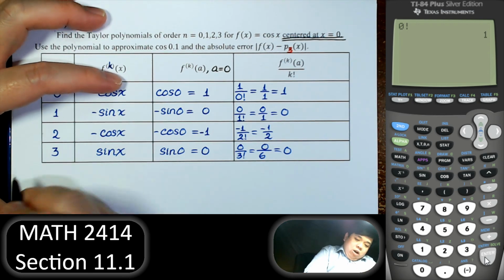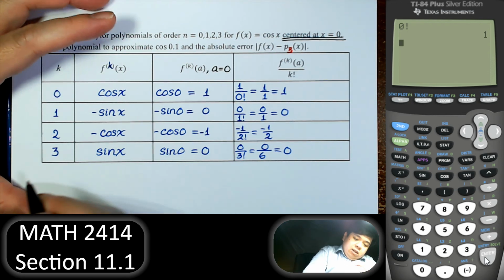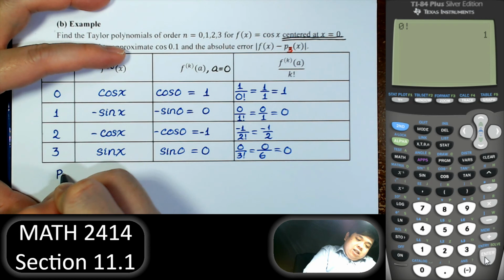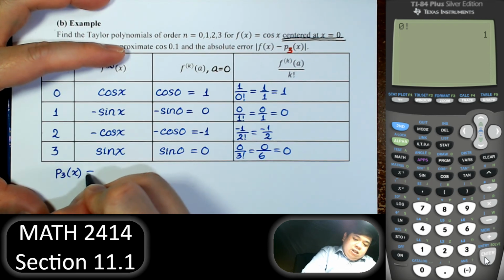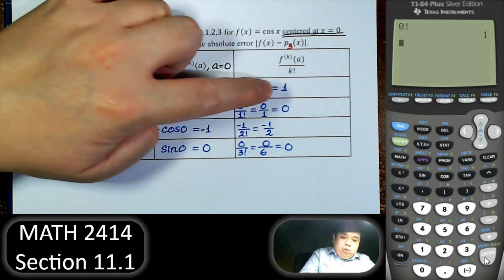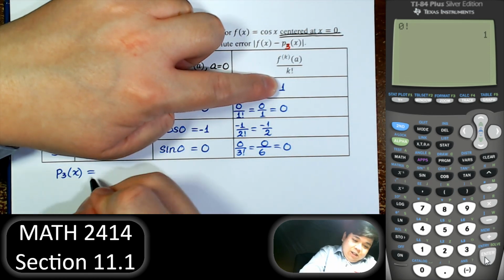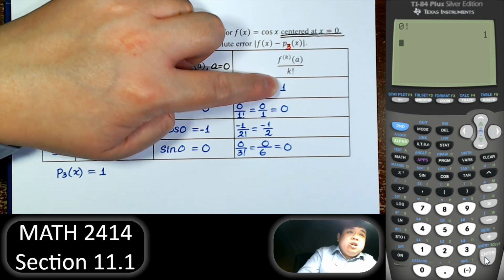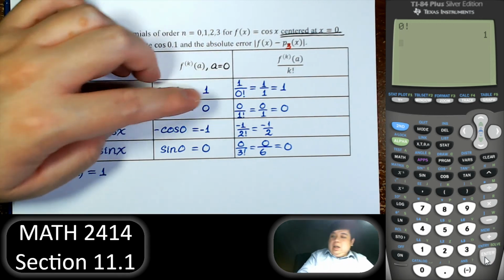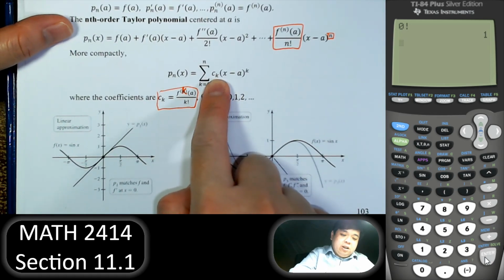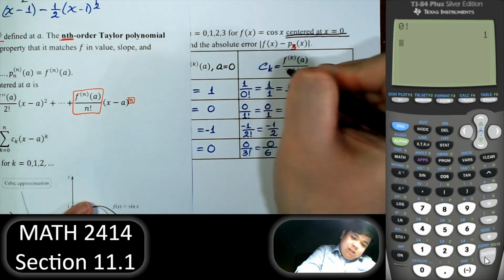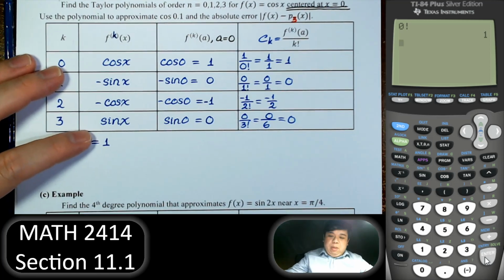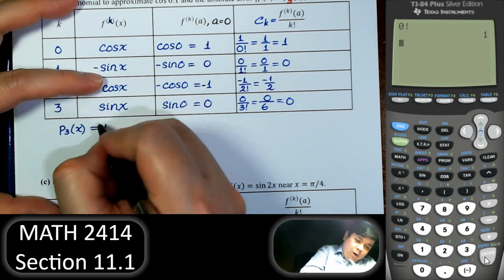So if we want to write it, the Taylor polynomial of order 3, P3, is going to be equal to 1. This is only the coefficient though. In here we have the coefficients, those are c_k. But then we still have to have the power part of it.